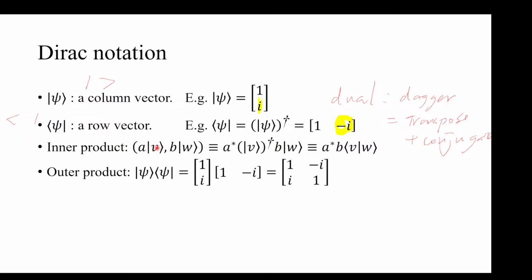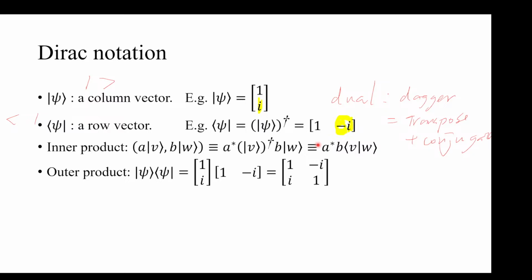So you do dual on a|v>, then a becomes a star, and this ket v becomes bra v, and you multiply the scalars together to get a star b, and the bra v and ket w you multiply by matrix multiplication.